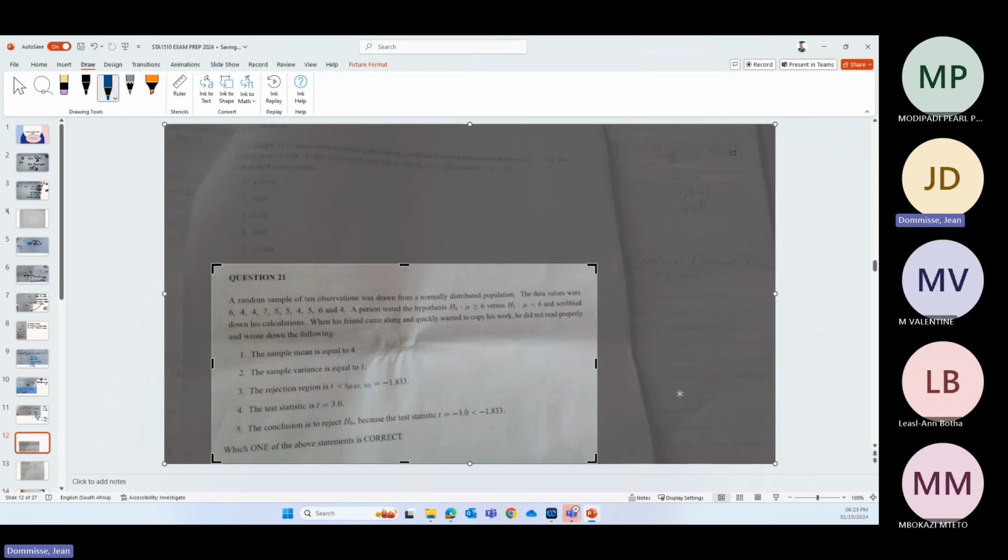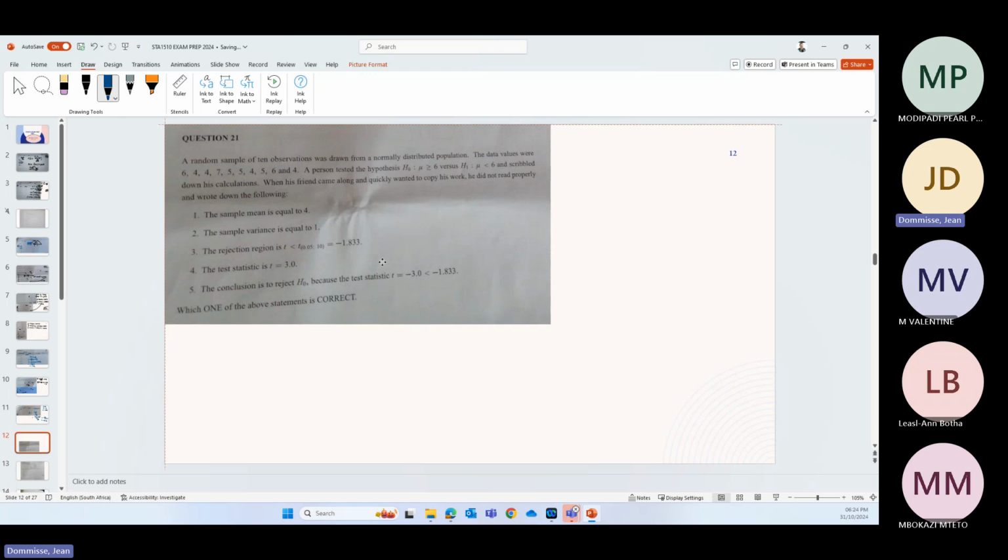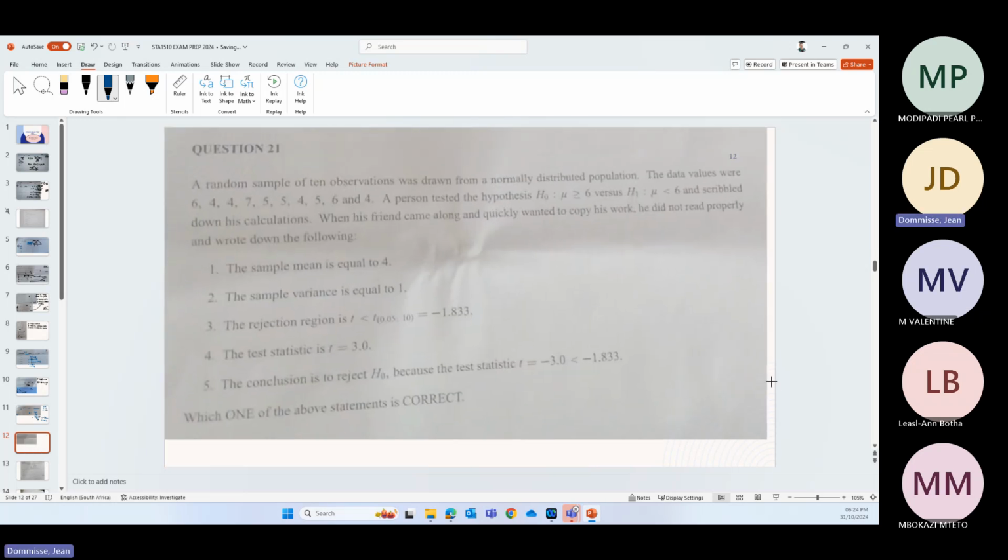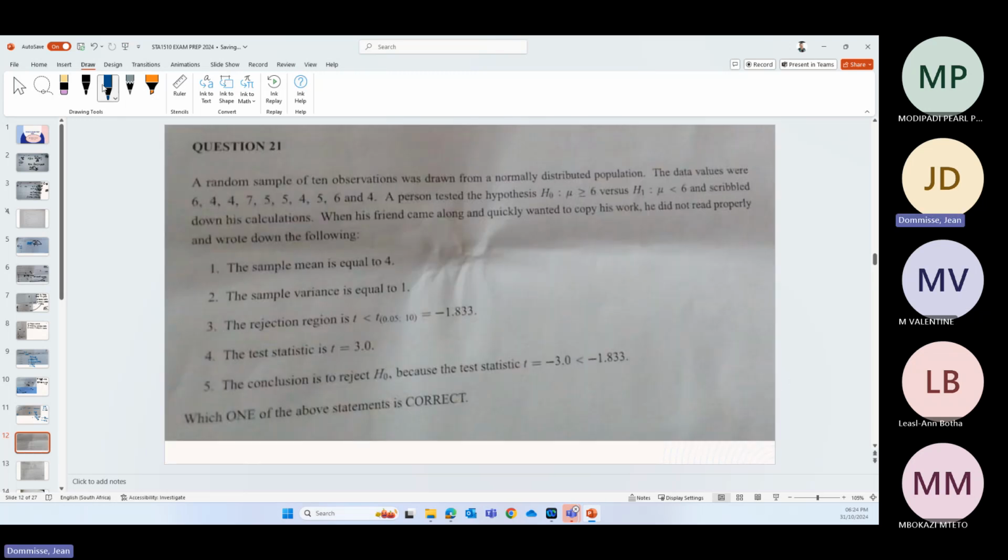Because this is a different type of question. So in here, they ask us a random sample of 10 observations was drawn from a normally distributed population. The data values were 6447. Okay. A person tested the hypothesis of x bigger or equal to 6 versus that, and scribbled down his calculations.